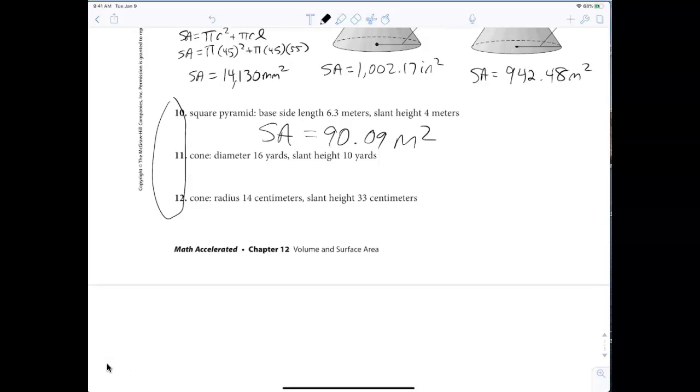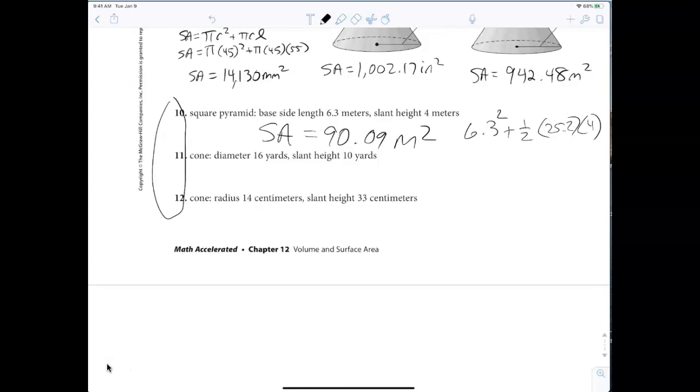Did you do 6.3 squared plus 1/2 times 25.2 times 4? I didn't do 25. That's the perimeter.